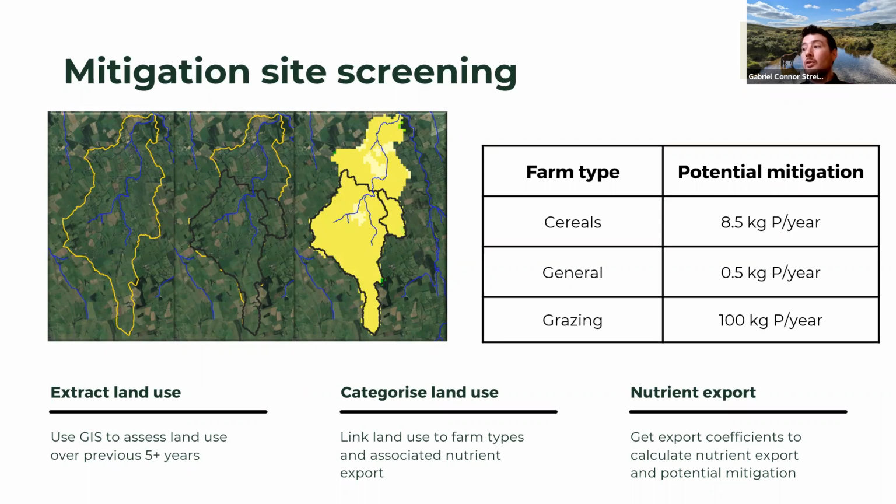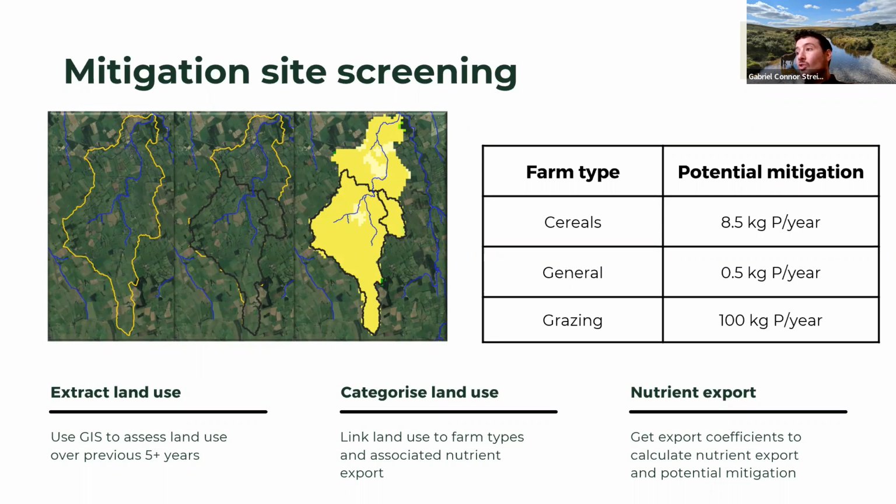So we've got these export coefficients in the nutrient budget calculators that can be used for understanding the amount of nutrients that come from different types of farming. We can extract all of those land uses, categorize the types of farming within an area, which are the primary source of nutrients going into this scheme, and then calculate an estimate of the total nutrient export for the area.